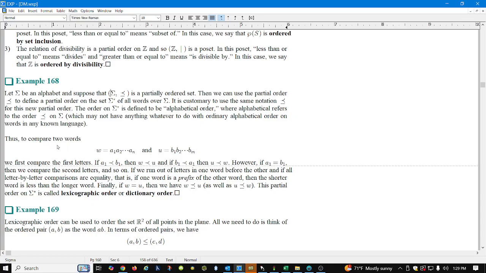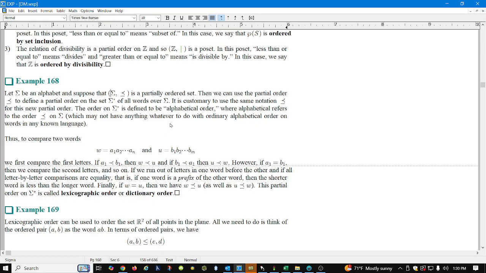So to compare two words, W and U, we first compare the first two letters, A1 and B1. If A1 is less than B1, then W is less than U. And similarly, if B1 is less than A1, then U is less than W. But if A1 and B1 are equal, we just move to the second pair of letters and do the same comparison.